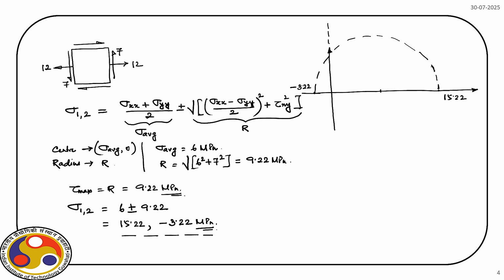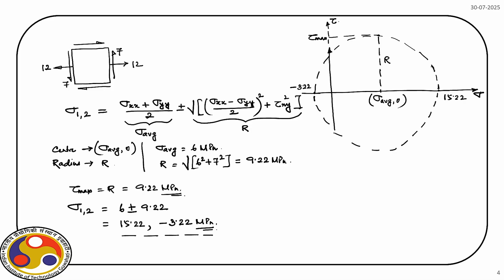So, here this is our sigma average comma 0, that is the center, and this point at the extreme is basically tau max, and this is the r that we have estimated, right. So, we have sigma and tau axes, and we can complete the circle. It is actually not always drawn because we can easily complete the other half.